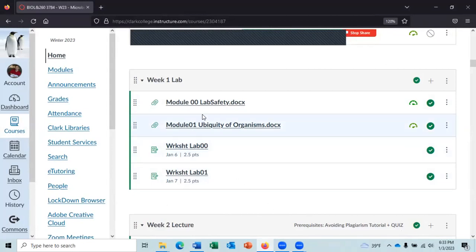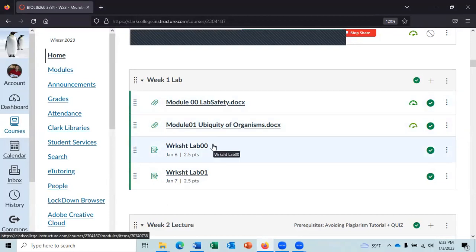Now, the lab module itself has the lab, and the worksheet is what you'll be turning in. If you turn in the lab module instead of the worksheet, it will have all of the text and will be much, much longer. The worksheet generally is a page or two.